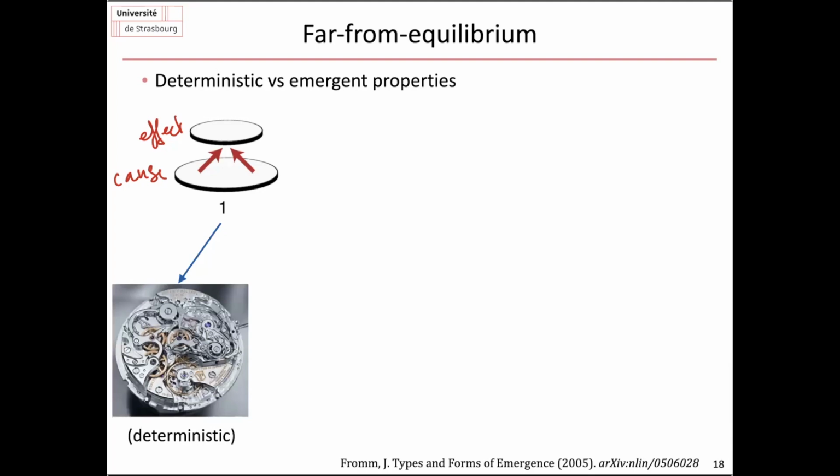For example, a watch or a clock has many components. It has many gears, levers, springs, all kinds of things. And the result is that you can read the time, but it's not a self-organized property, because from all these levers and components, you just get one effect, and there's no feedback mechanism. And I can write simple equations that predict the behavior of this watch.